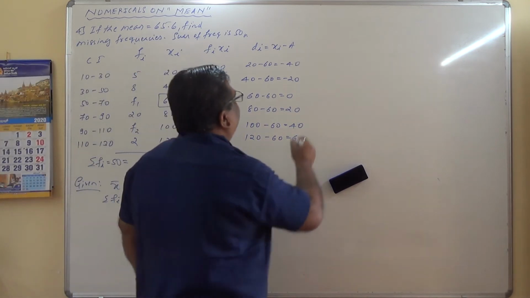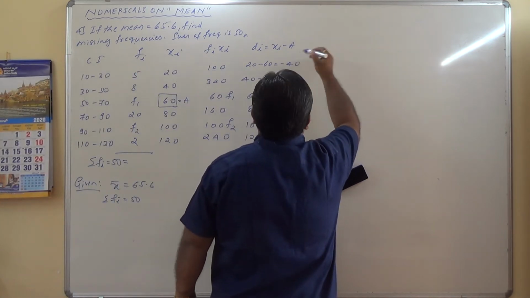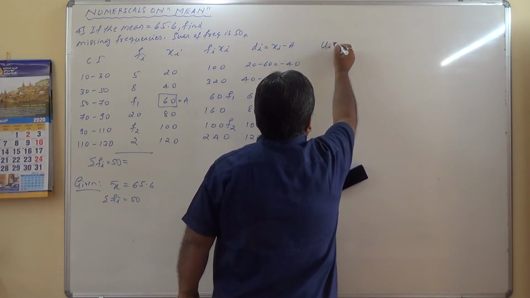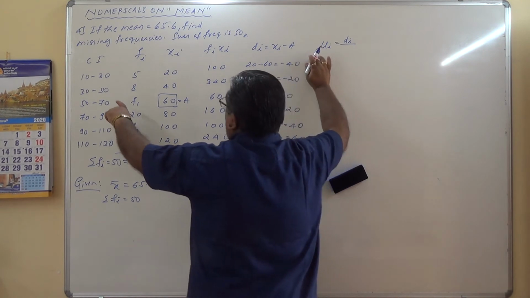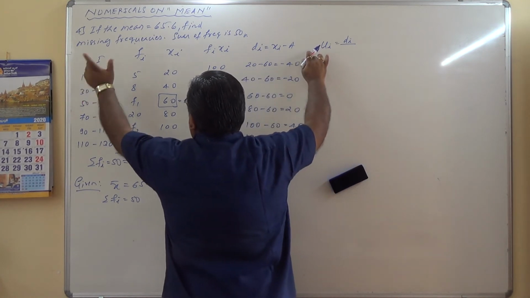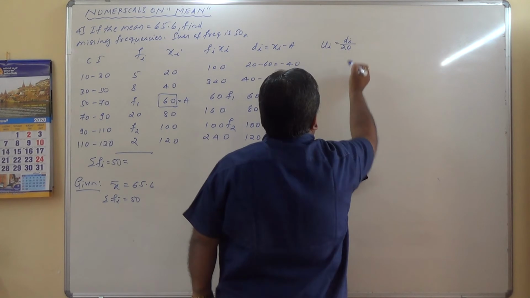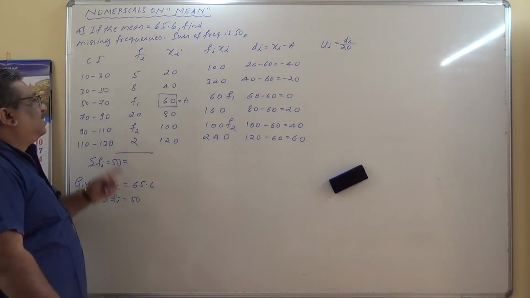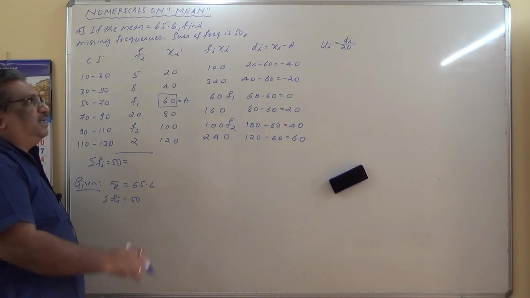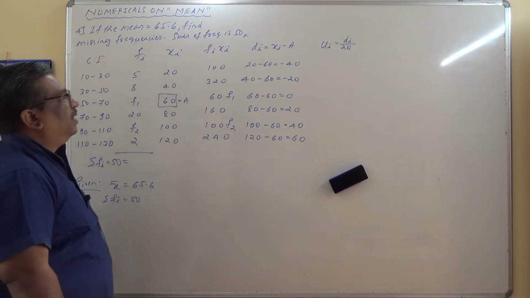Then let us divide this by class size, ui, which is equal to di divided by h. That is nothing but 20. It is di divided by h, and h is class interval, class size, and therefore 20 I am taking.